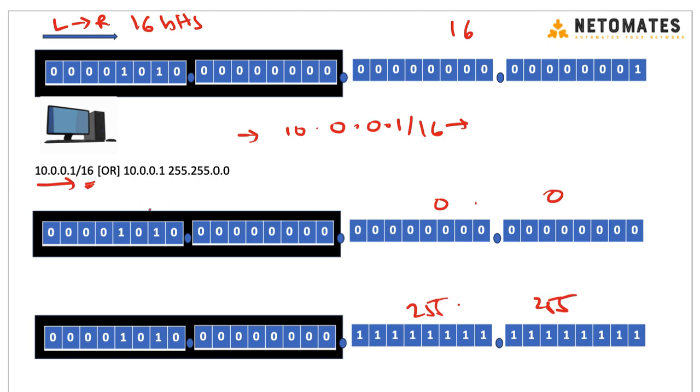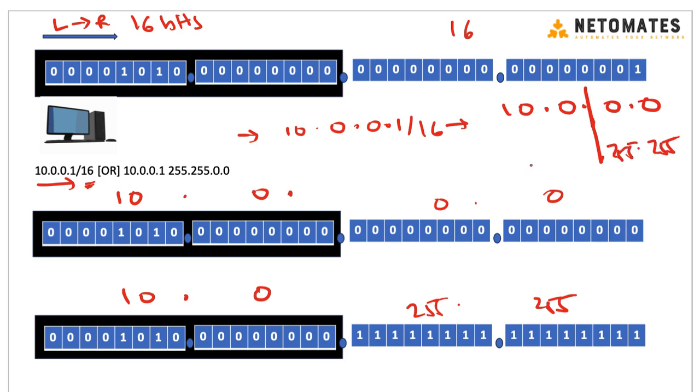As these first two values should remain the same, it will be 10 only and 0 only. So these 16 bits are locked, and the remaining 16 bits start at 0.0 and end at 255.255. The only thing you can change is 0.0 to 255.255.